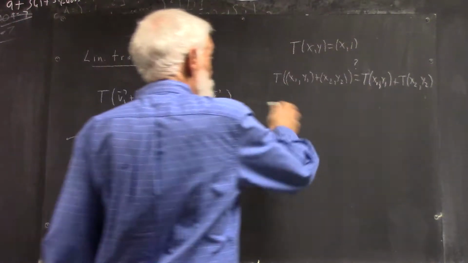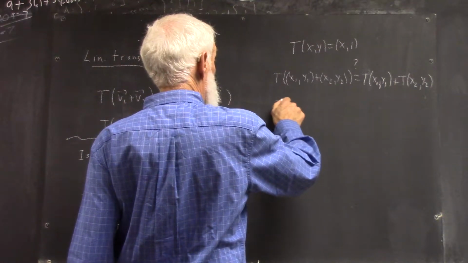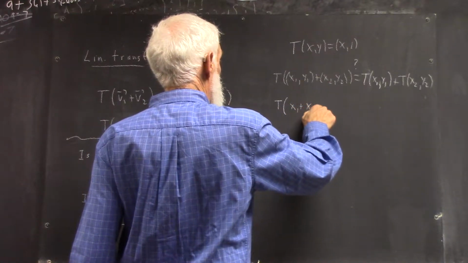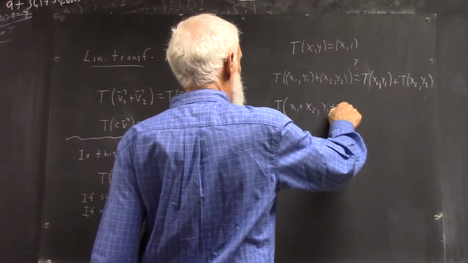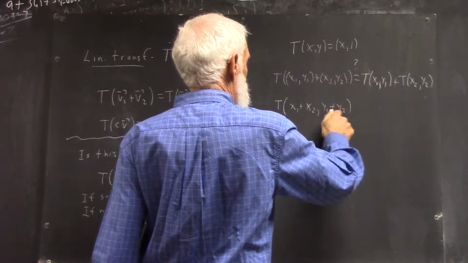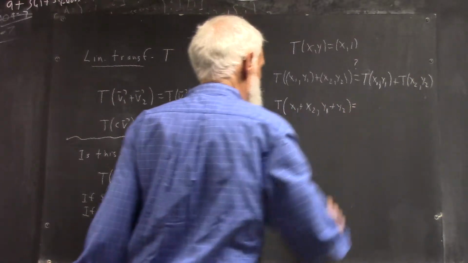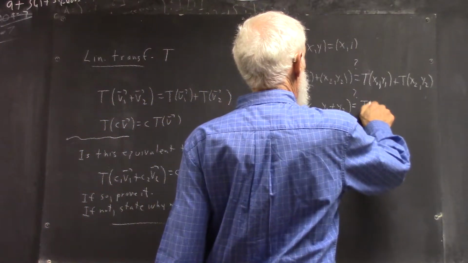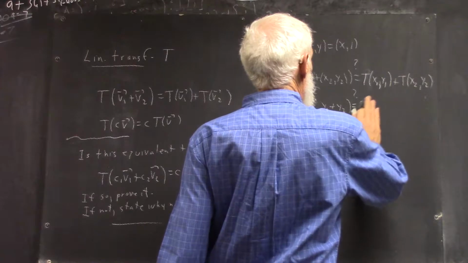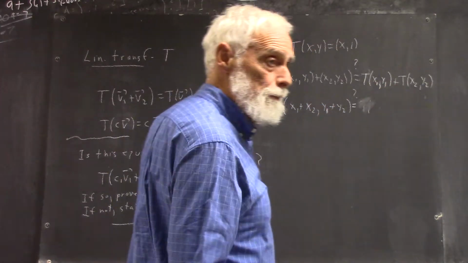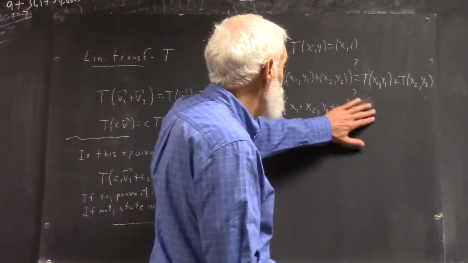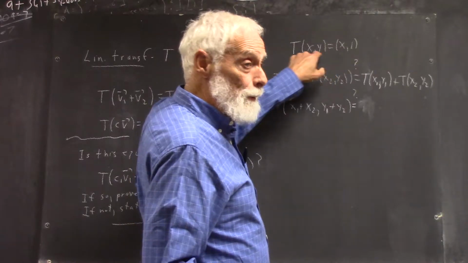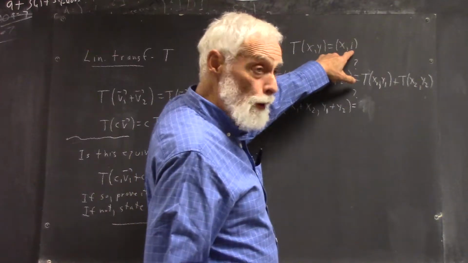Okay, well, here we're going to add (x1, y1) to (x2, y2), which will give us an expression without parentheses. We're losing some parentheses here, and we really shouldn't, but again, the book does it, so I'll stay with them. Is this equal to T of (x1, y1) plus T of (x2, y2)? Well, T of (x1, y1) is what? It says whatever is the first thing, you put that here, and it doesn't matter what the second thing is, you put a 1 here.